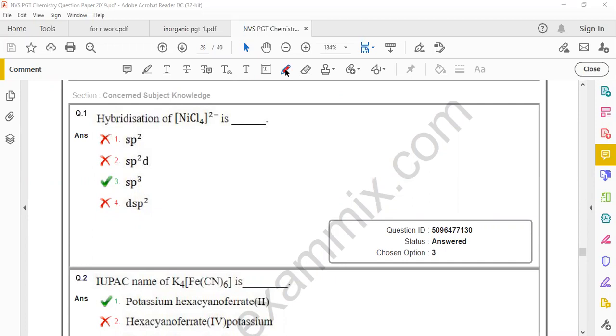Here you can see NiCl4, a total of 4 chlorines are there. So if 4 chlorines are there, then it will be sp3, 1s and 3p, and it is a weak field, high spin ligand, right?